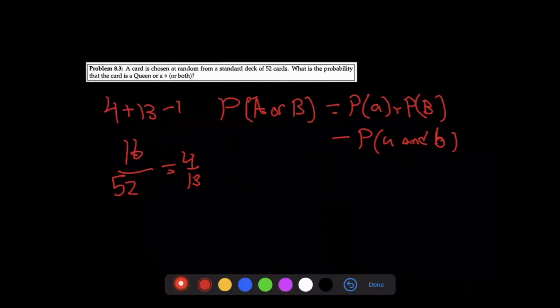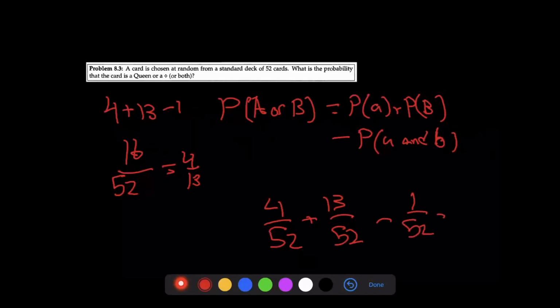We can say, what is the probability of queen? That is 4/52. What is the probability of diamond? That's 13 over 52. And what is the probability of both? 1 over 52. And we'd get the same thing.